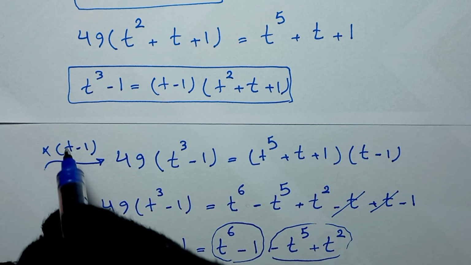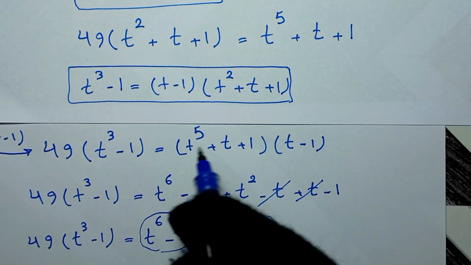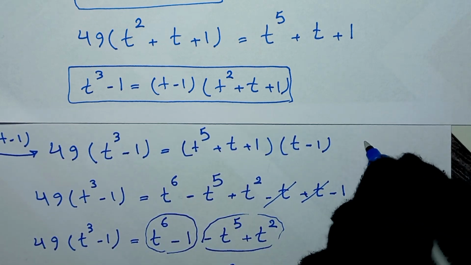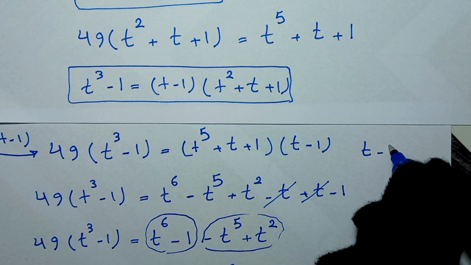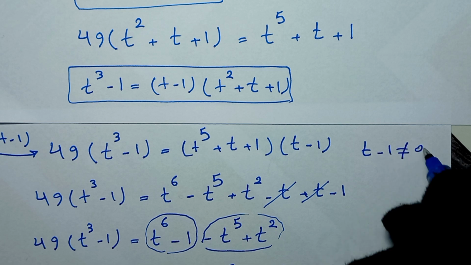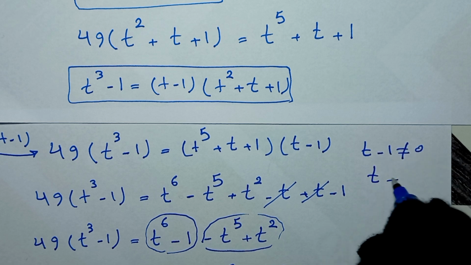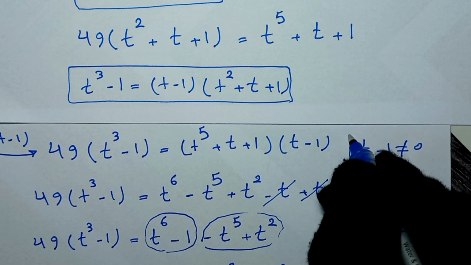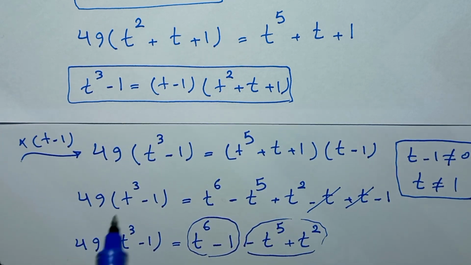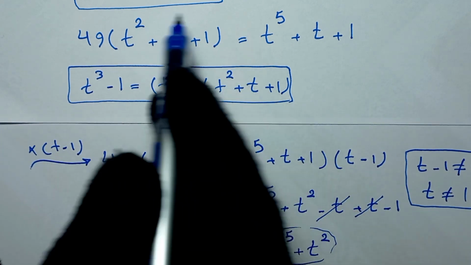So we add the condition that t minus 1 should not be equal to 0, and t should not be equal to 1, right? Because we multiplied this to both sides of this equation.